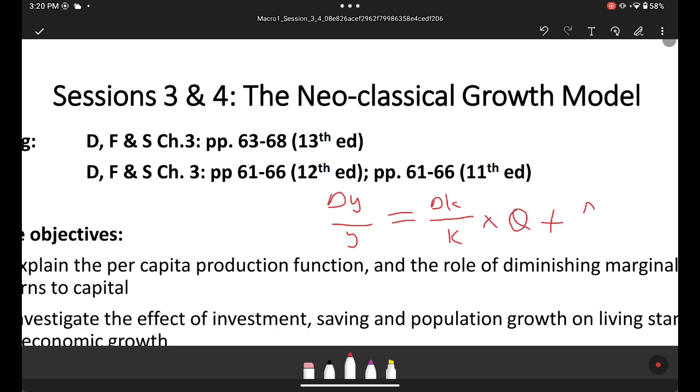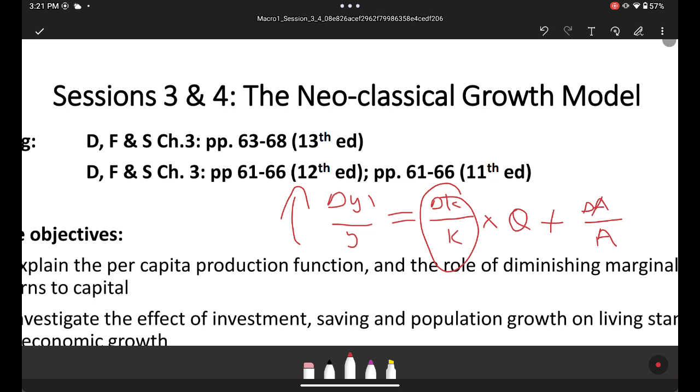Change in technology will always be capital A. There's no capita technology. From this equation, if you memorize it and study it, you will know that for per capita output to grow, one of these things has to go up. So if we make capital go up, then overall your output per person goes up.